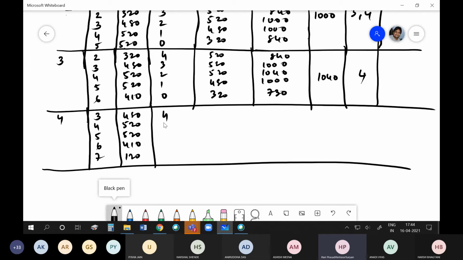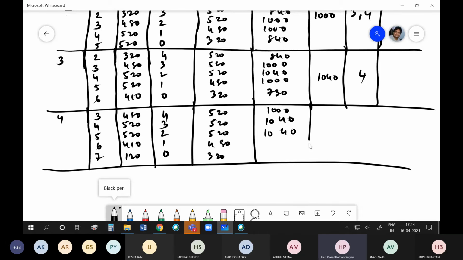Okay, so 4, 3, 2, 1, 0. Then 520, 520, 520, 480, 320. The total is 1000, 1040, 1040, 890, and 440. Total is 1040. The releases are 4 and 5.